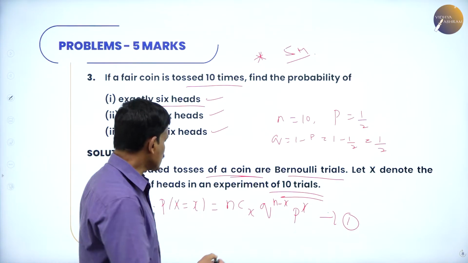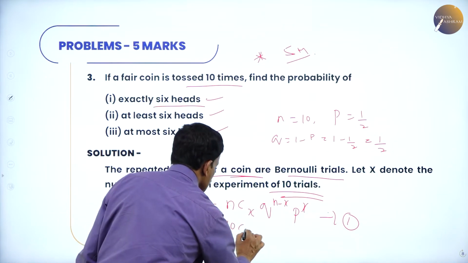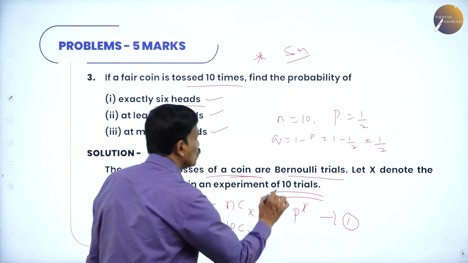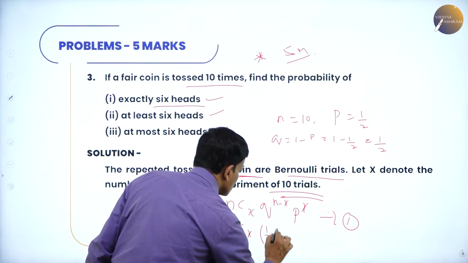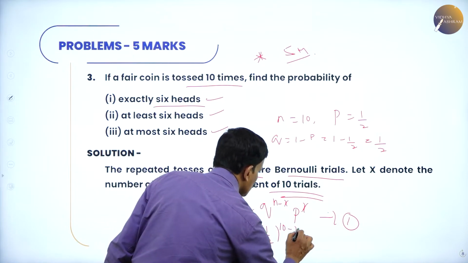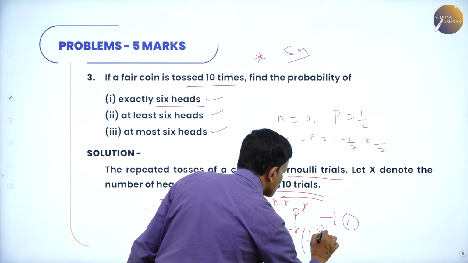So therefore this can be written as n, what is n? N is equal to 10, 10Cx. What is q? The value of q is 1 by 2 to the power of n is 10 minus x, into p. P is also equal to 1 by 2 to the power of x.